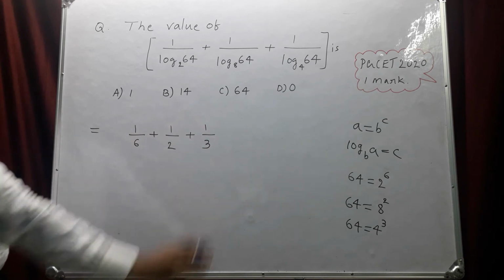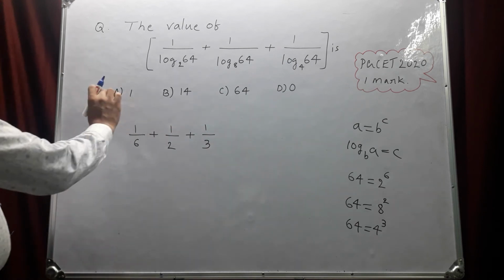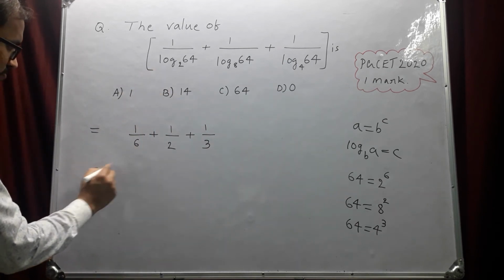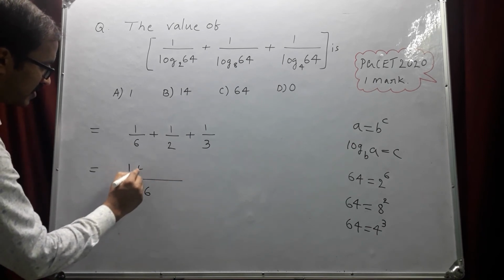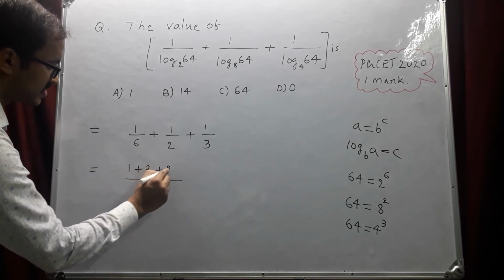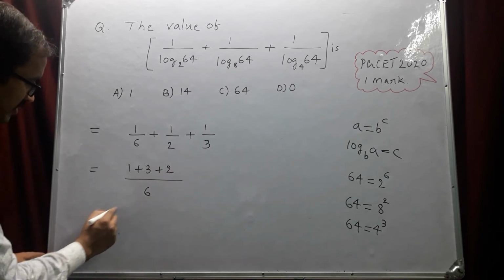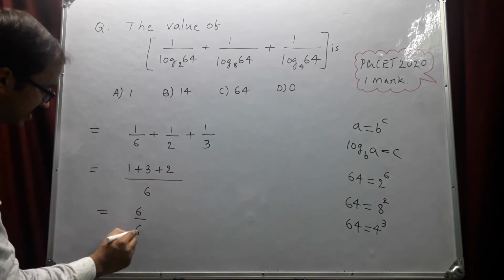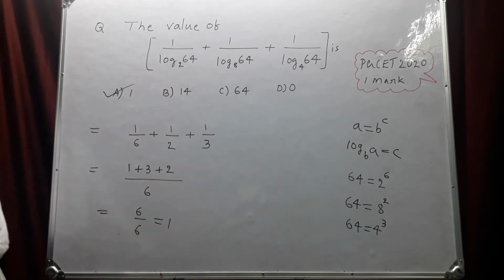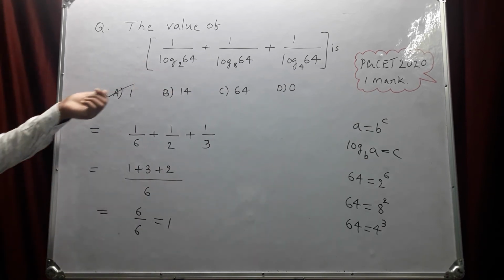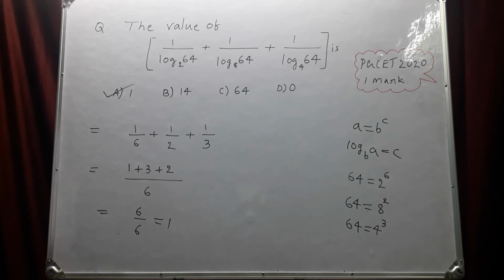If you simplify this value, we will get the correct option. 6 is the LCM, so 1 plus 3 plus 2, that is 6 divided by 6. So that is 1. So the right option is option A with the answer 1.